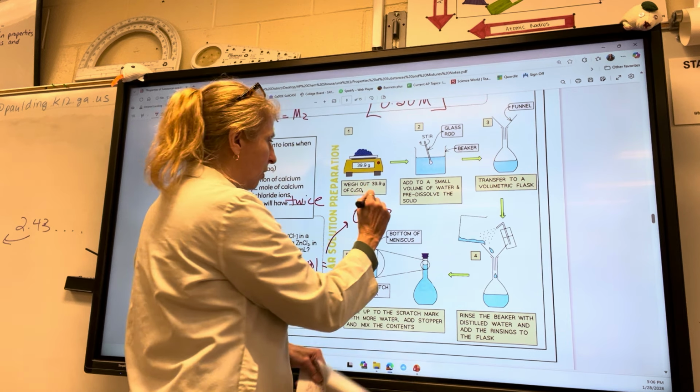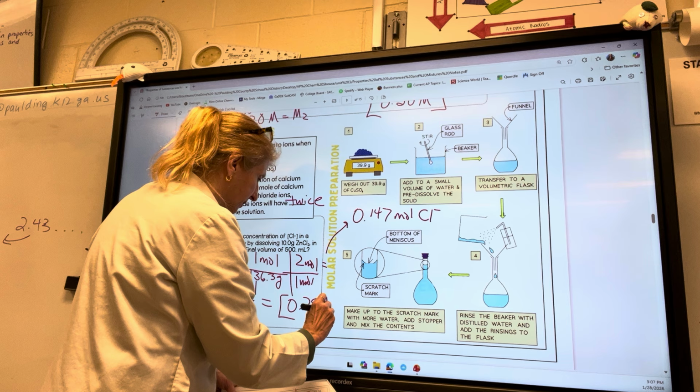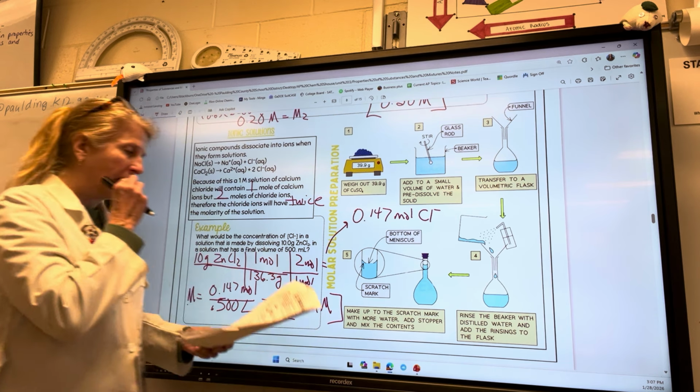Now, if they wanted the concentration, molarity is equal to moles per liter: 0.147 moles divided by 0.5 liters. So my concentration, square brackets, is 0.29 molar.